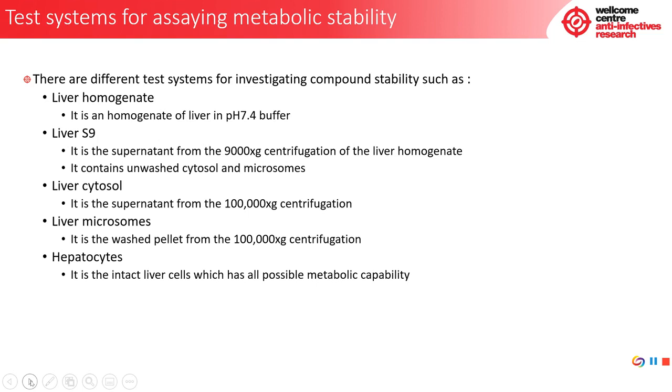We have liver microsomes, which is the washed pellet from the 100,000 times g centrifugation, which contains primarily P450s and other membrane-bound enzymes such as FMO and UGT. And finally, we have the hepatocyte, which is the intact liver cell, which has all possible metabolic capabilities without the requirement for a cofactor.